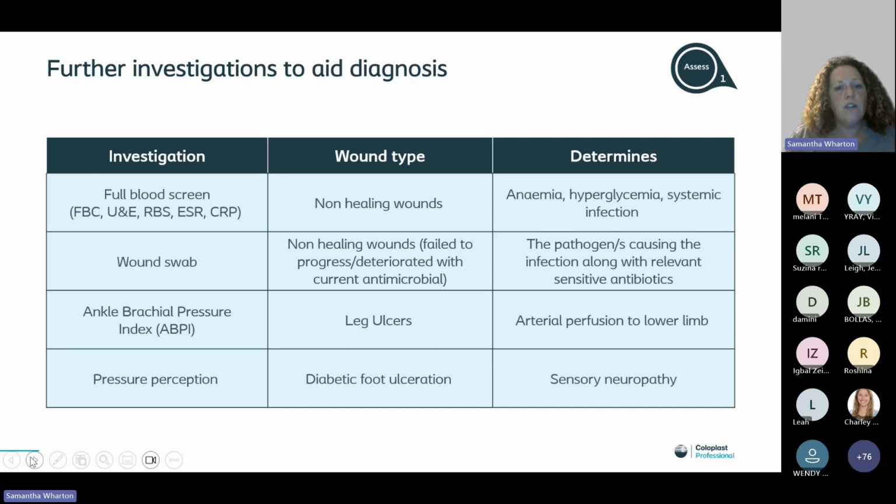Really, really important that if it's an ulcer on the lower leg, that you do that ankle brachial pressure index to make sure that you can either compress if it's venous in nature, or if it's arterial in nature, if they need further referral to another specialist. So it may be that they need to go to vascular to have some further intervention. And then also doing that pressure perception to see whether there's any neuropathy in our diabetic patients.